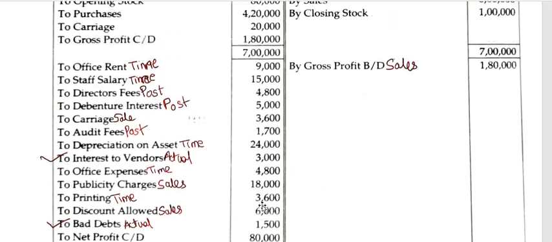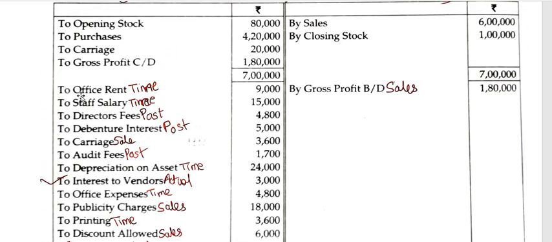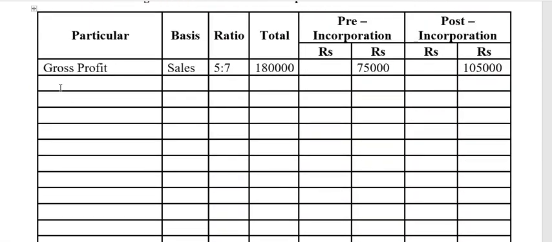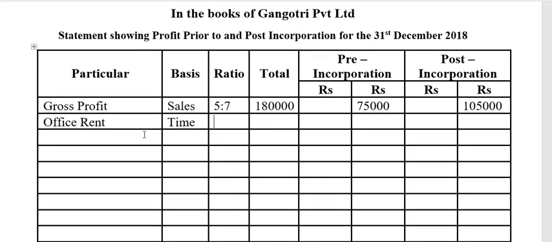Next is office rent. Office rent we have to distribute on the basis of time, and the office rent amount is 9,000. You write the amount on the debit side. Basis is time, and the time ratio is 1:2.